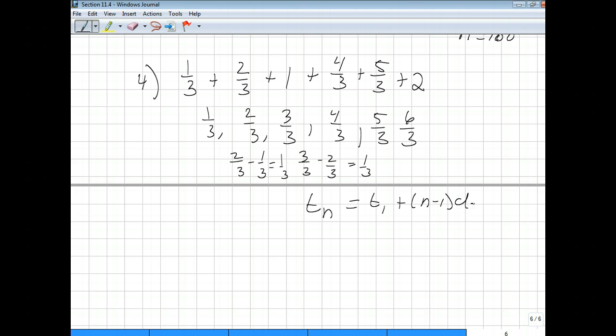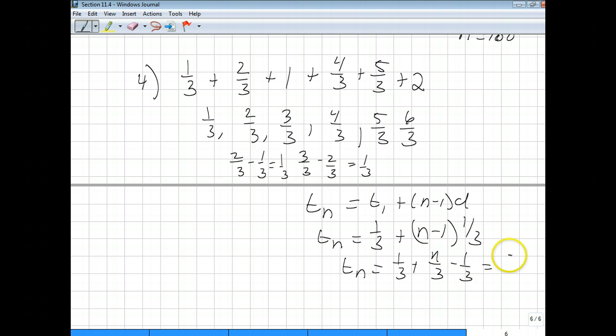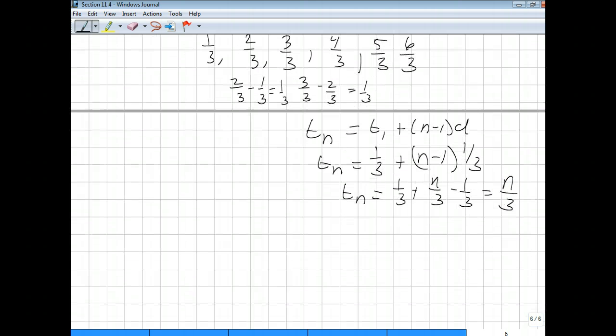Okay, so we can fill in t1 as 1/3, d is 1/3, and so I get t sub n is equal to 1/3 plus n over 3 minus 1/3. So n over 3 is our rule.